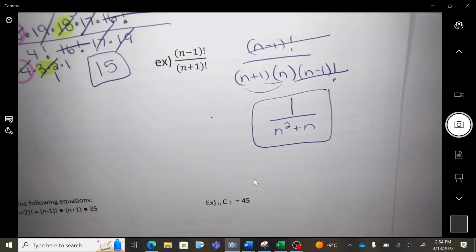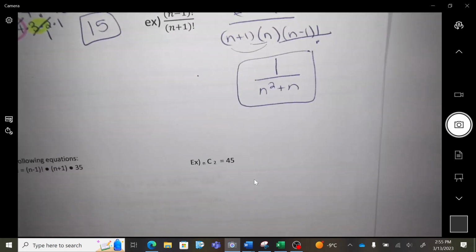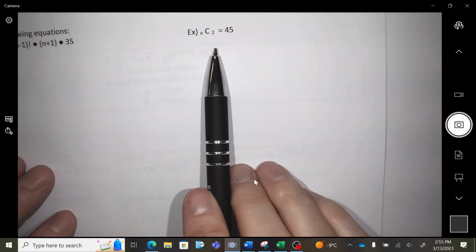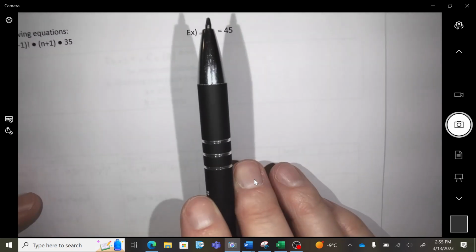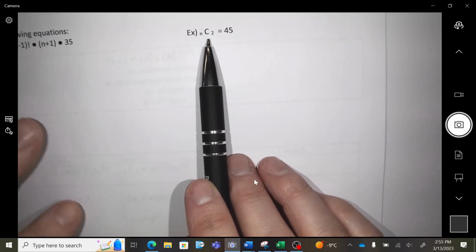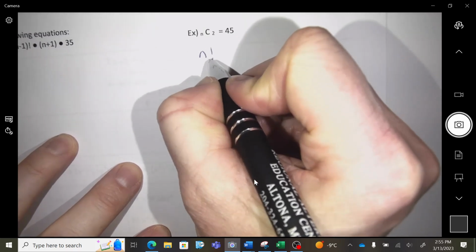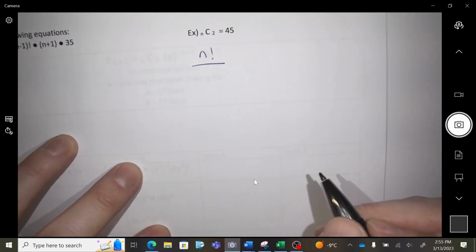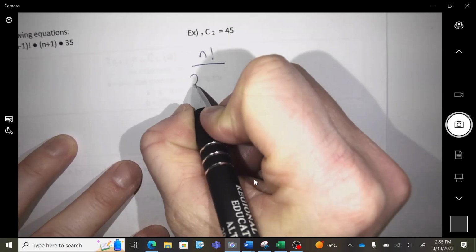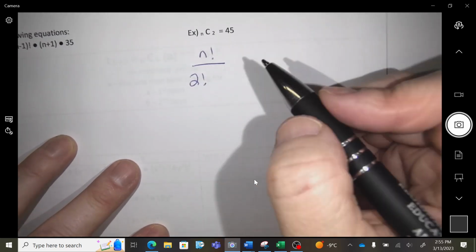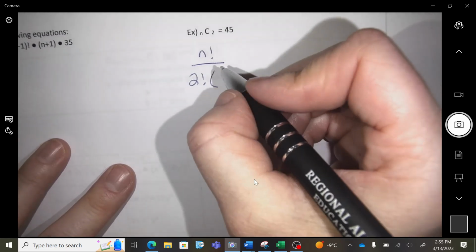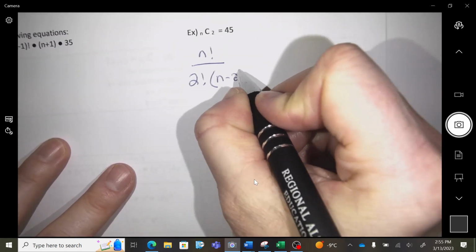Okay, we'll do one more, and then I'm going to do some in your book with you. Okay, we're going to do this one together. I need you to have that formula again. So n factorial divided by r factorial, so 2 factorial, times n minus r factorial, so that'd be n minus 2 factorial.